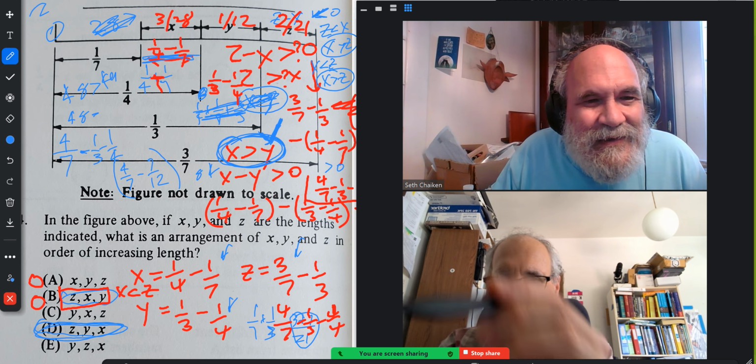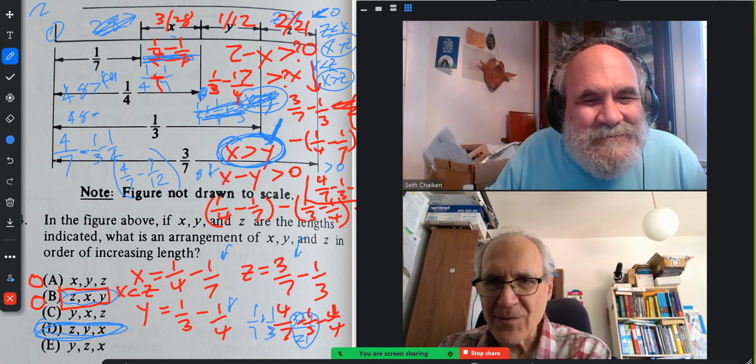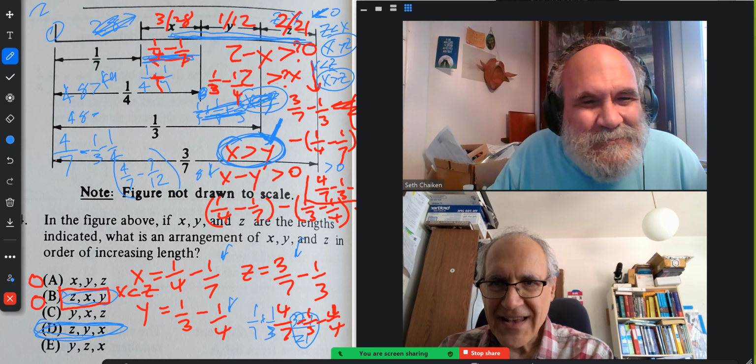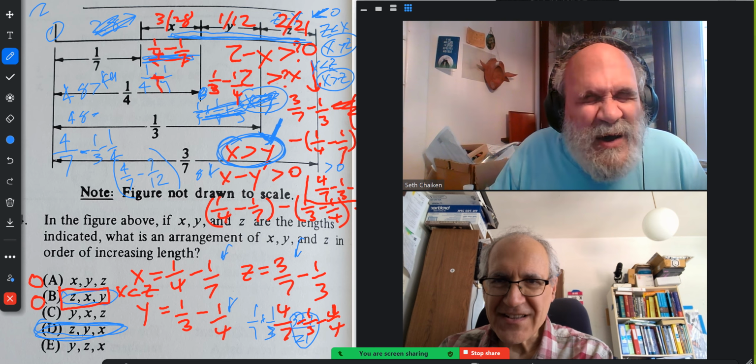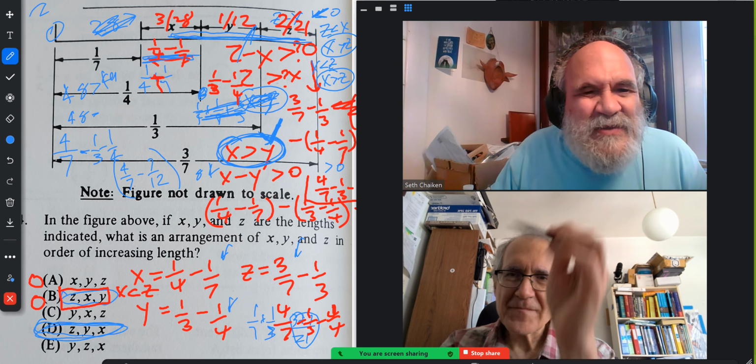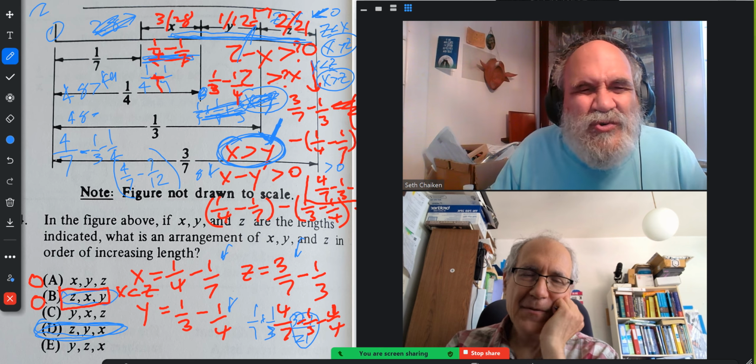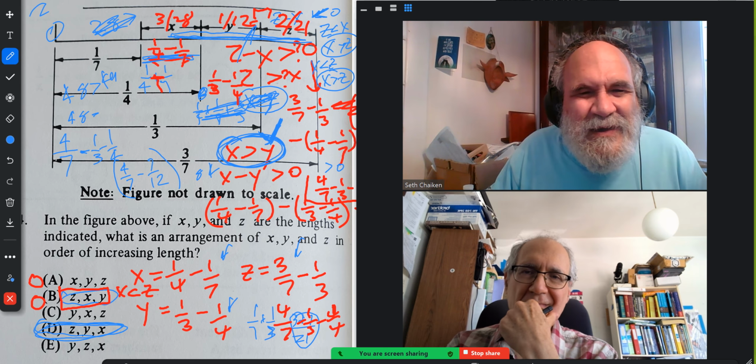How are you going to, without a calculator, compare these? The common denominator between 28 and 21. So here we could compare these two. And let's see, this 1/12, they're both divisible by 3, equal to 2/24.